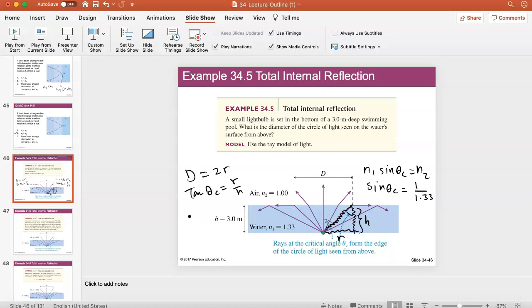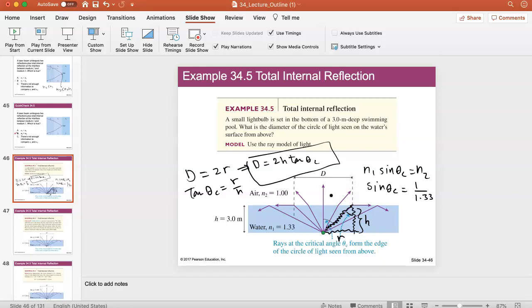So r is just h tangent theta critical. So D becomes 2h tangent theta critical. And we already found theta critical. We found its sine, so you can take the arc sine and then find its tangent.